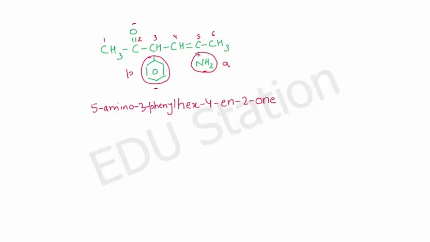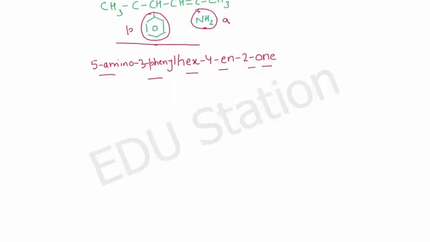So the name of this organic molecule will be 5-amino-3-phenylhex-4-en-2-one. That means if the ring is present, it need not be something like benzene or benzaldehyde. It can be phenyl also. Phenyl is used when the ring is not preferred, when the principal functional group is not attached directly to the ring.